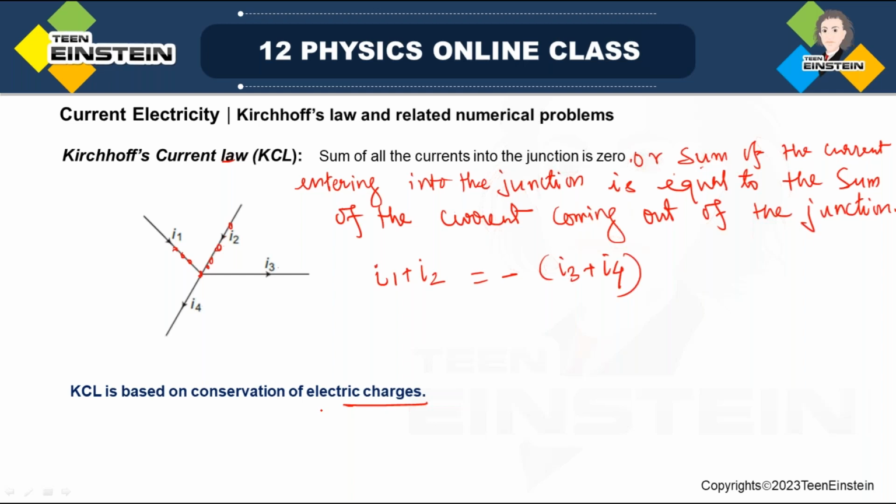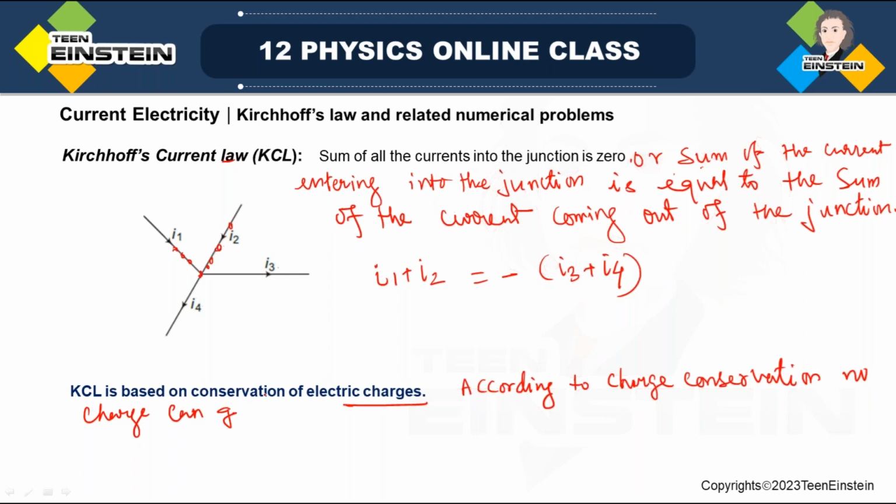According to this law, no charge can accumulate at the junction.